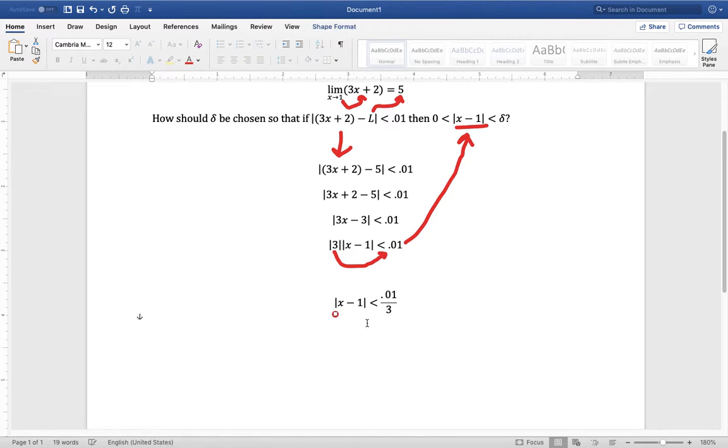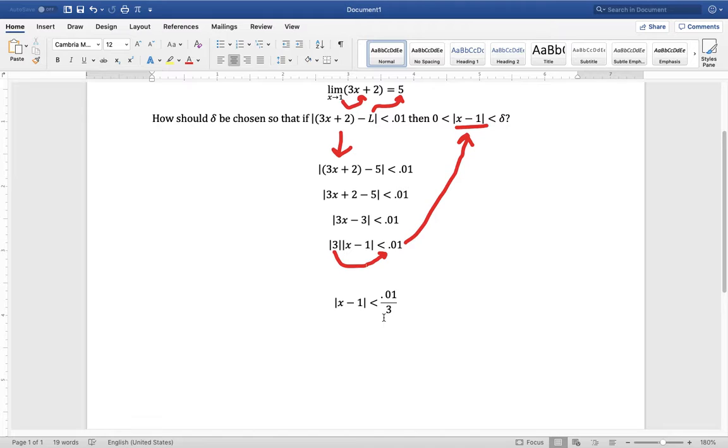This is what you end up with. Notice 0 is less than the absolute value of x minus 1 is less than delta, and here I have this exact same statement. You don't have to worry about the 0 part, but this 0.01 divided by 3 is what delta should be.